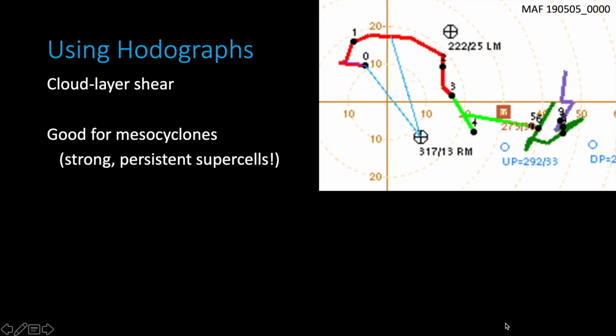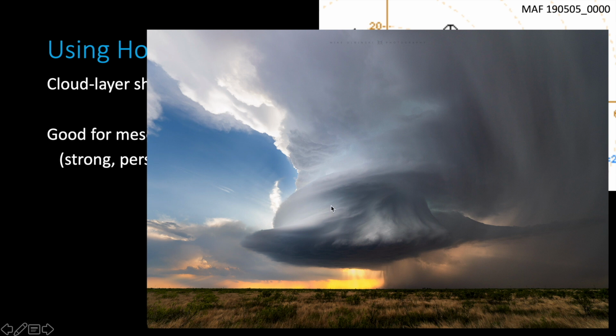So even though we really don't use this concept of cloud layer shear specifically in our forecasts, I really want to shed light on some real world examples that highlight why it's so important for strong and persistent supercells and robust mesocyclones. This was the 2019 Denver City supercell, just drop dead gorgeous, shot by Michael Binsky.